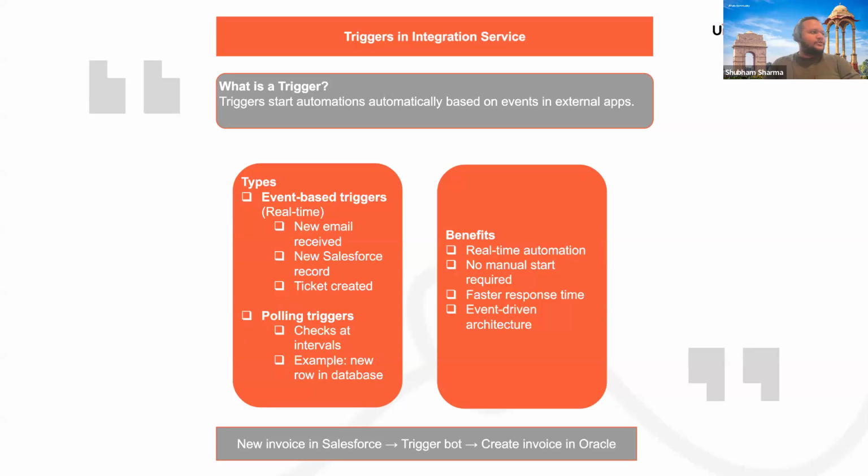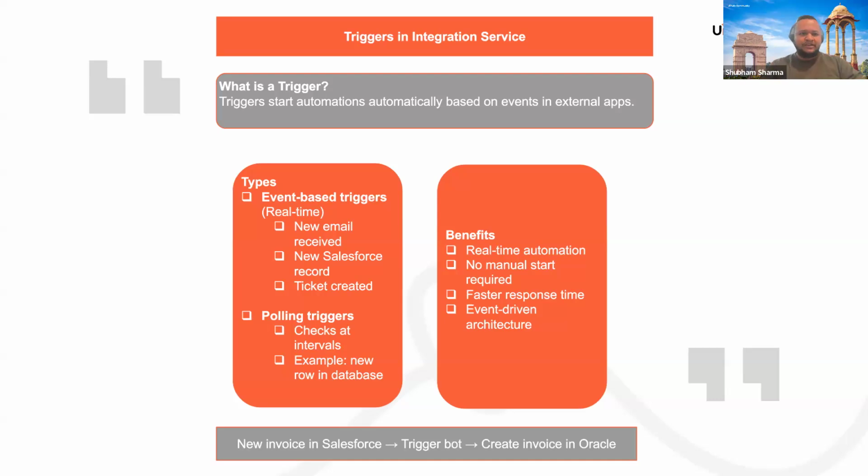Moving ahead with the triggers. Triggers start automations automatically based on events. So for any event-based thing where we want to trigger our automation or solution, we can use a trigger. Triggers can be event-based, like whenever a new mail arrives or a new Salesforce ticket is created. An event is happening and then we trigger our automation.